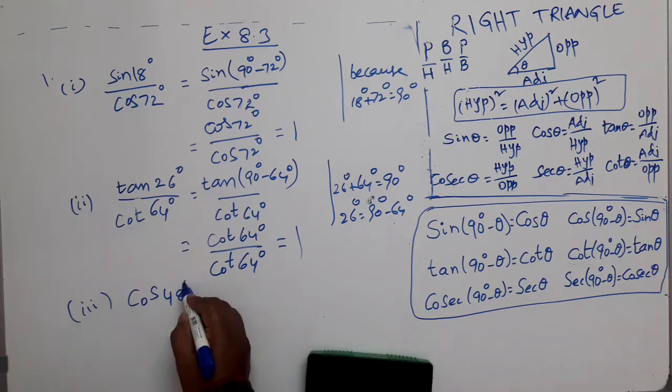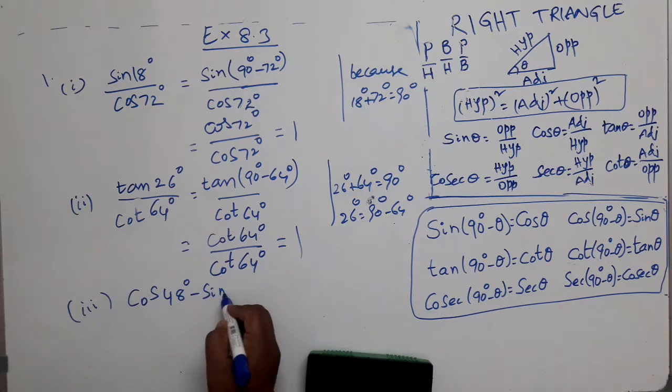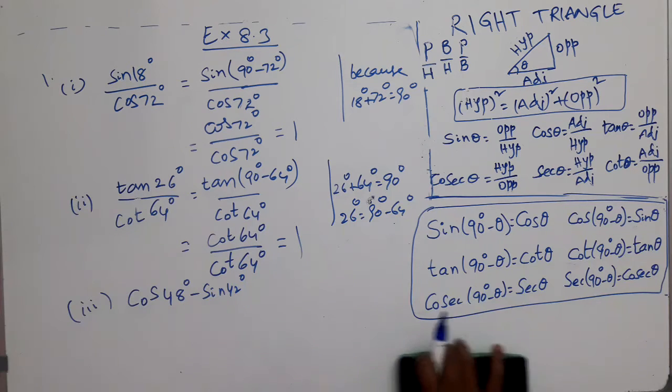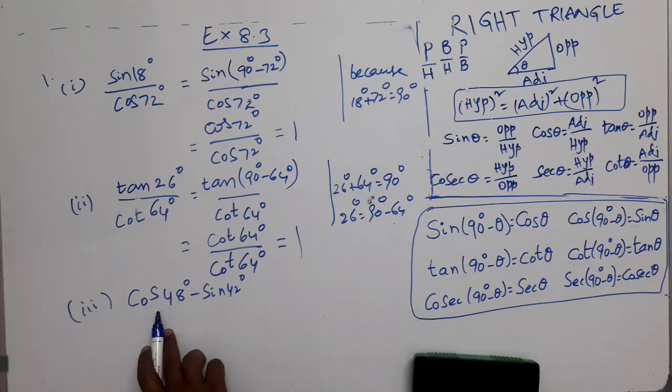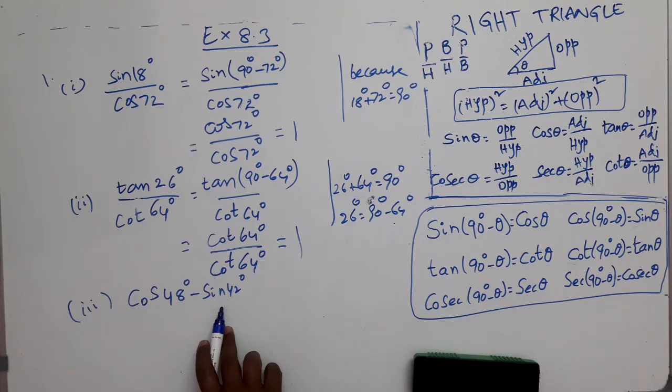Cos 48 degrees minus sin 42 degrees. That is the question. Think. Do you know the value of cos 48 degrees directly? No. Do you know the value of sin 42 degrees directly? No. So what shall we do?